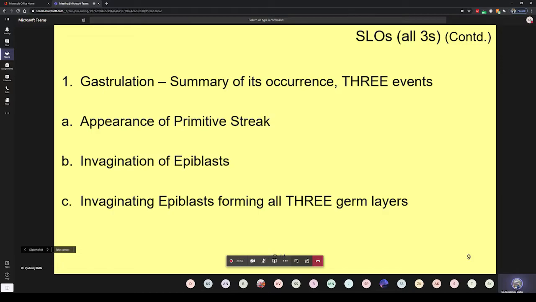Now, please understand, I'm presenting the SLOs to you now, and I'll be presenting the pictures following this. But your work will be, I'll be calling out anybody, so that you have to correlate the picture seen on the slide with the particular SLOs.